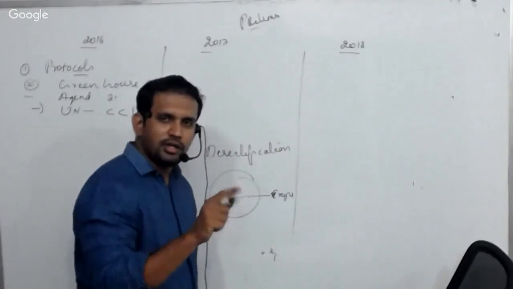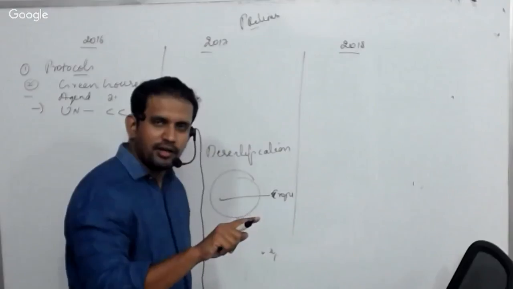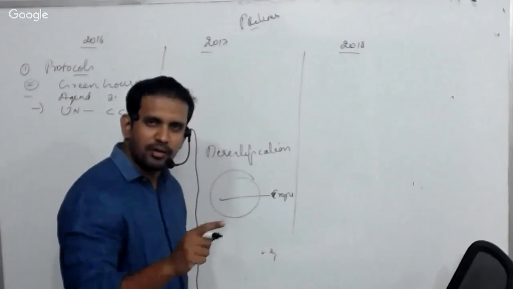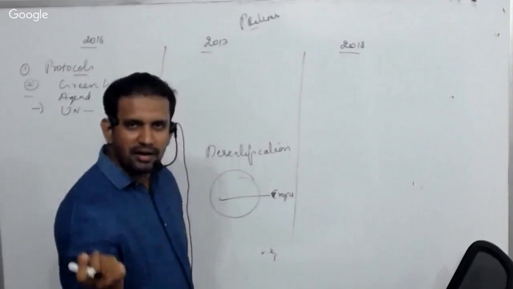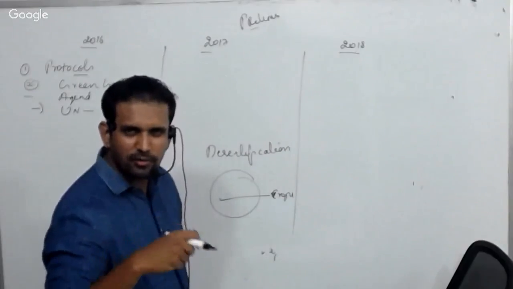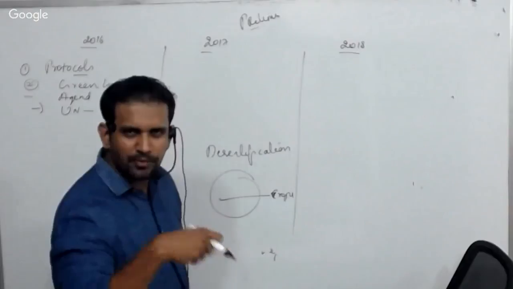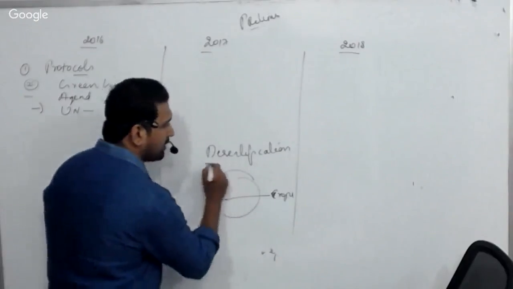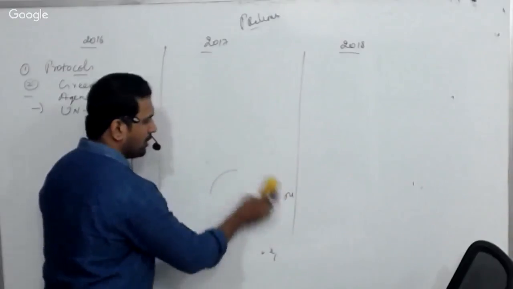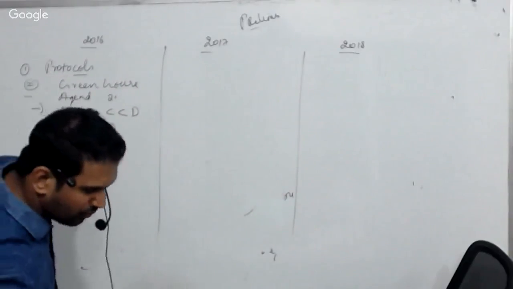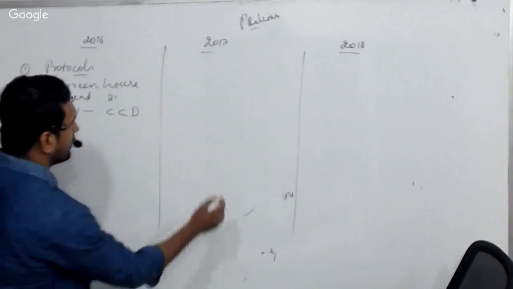When the productivity of a land area decreases over time, and a point comes when the land becomes barren, when a productive land becomes non-productive, that is called desertification. So a question was there with regard to protocols.